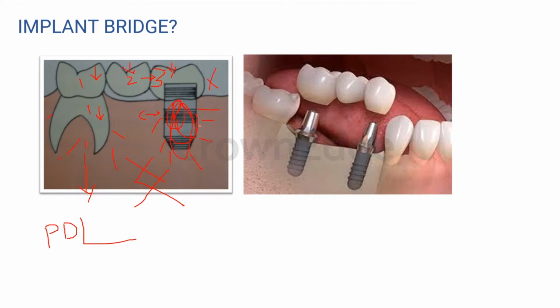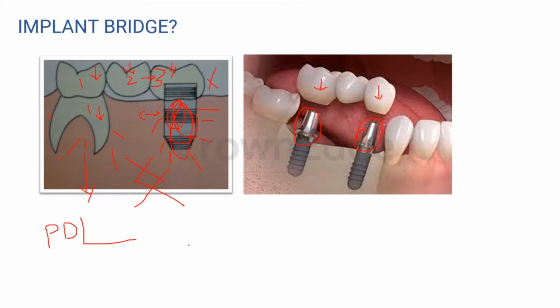So never ever bond a tooth to an implant. The tooth should be separate and the implant should be separate. You can do something like this: implant, 3-unit bridge, and you can join them together. This fits perfectly well. You can join a tooth to a tooth, you can join an implant to an implant, but never an implant to a tooth.